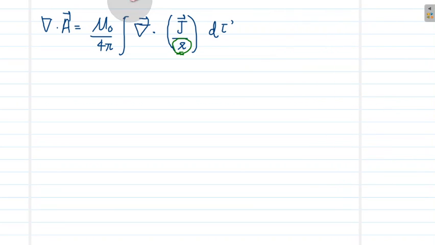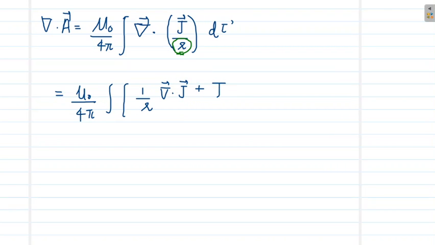Opening up this divergence using the product rule, we get mu 0 by 4 pi into integral of del dot of j by r, which should be expanded like 1 by r into del dot of j plus j bar dot del of 1 by r, d tau dash.